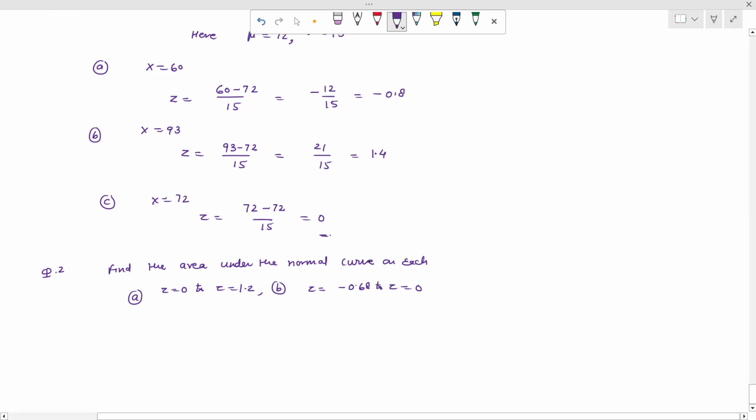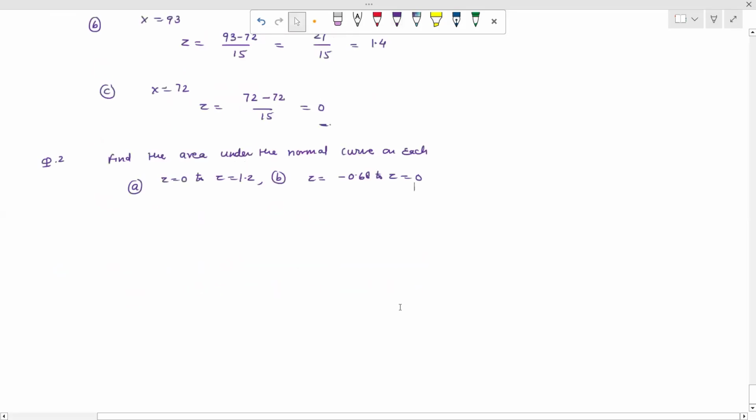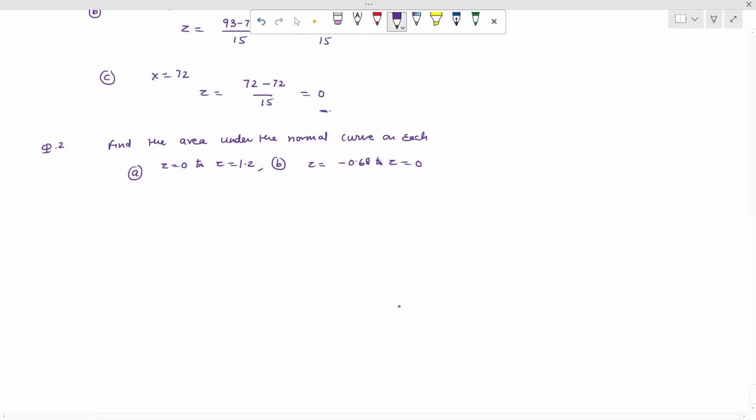For finding the area in such types of questions, we take the help of the table, the normal table or Z table. When we take the help of the normal table, first we represent the area, so we draw the curve.